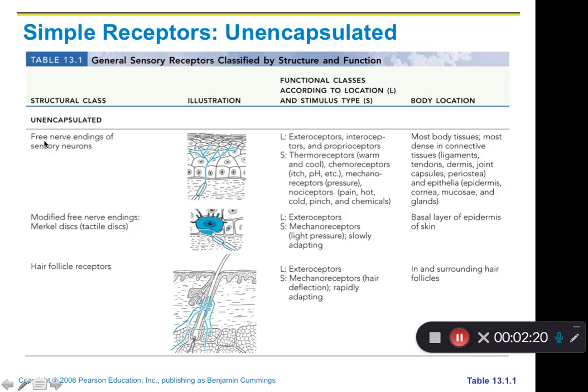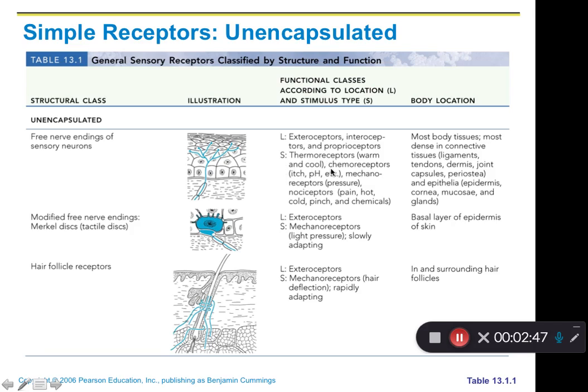Anyway, we can find free nerve endings in the skin or in deep organs, the tendon and muscles. These free nerve endings can work as thermoreceptors. That means they can detect warm or cold, the variation of the temperature.